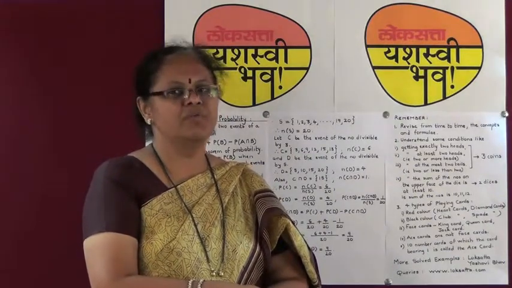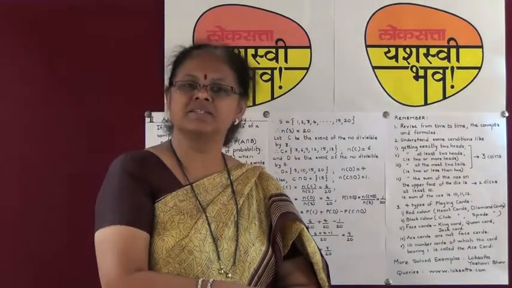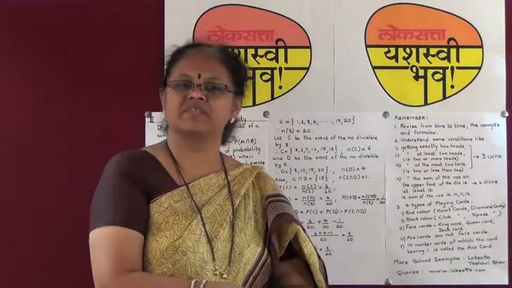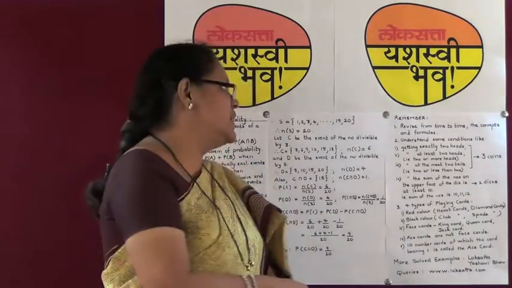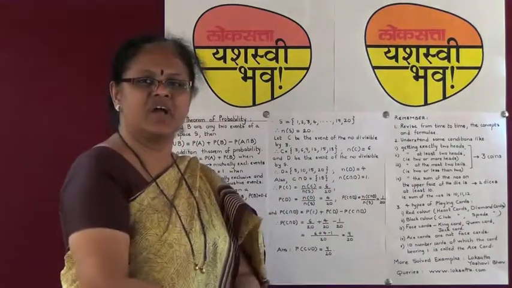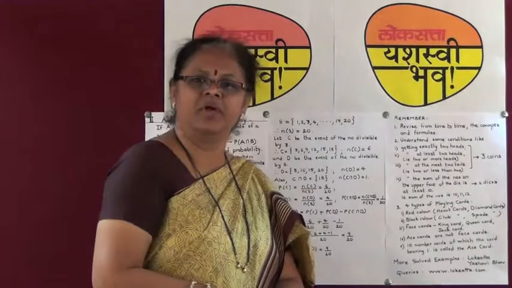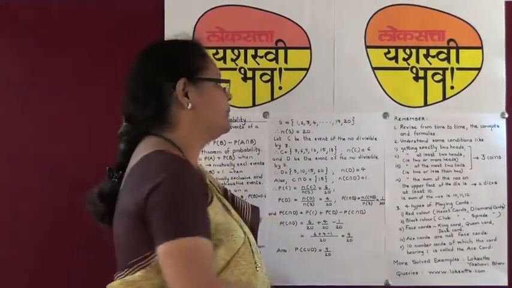Students, if you remember certain points, this lesson is a lesson where you can score easily the full marks of the sums which are given in your board question paper. Children, please remember certain points which I have given. That is, revise this lesson from time to time, the various concepts and the formulae related to probability.